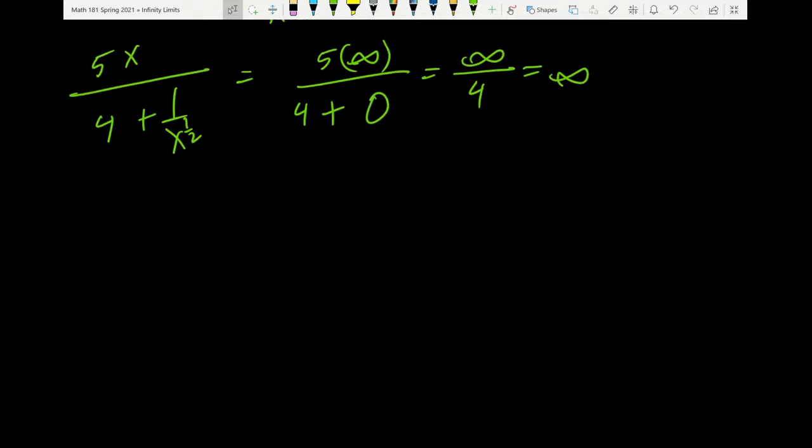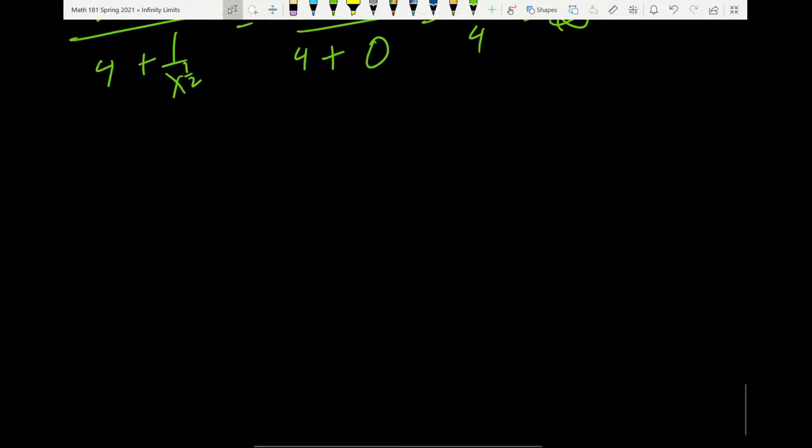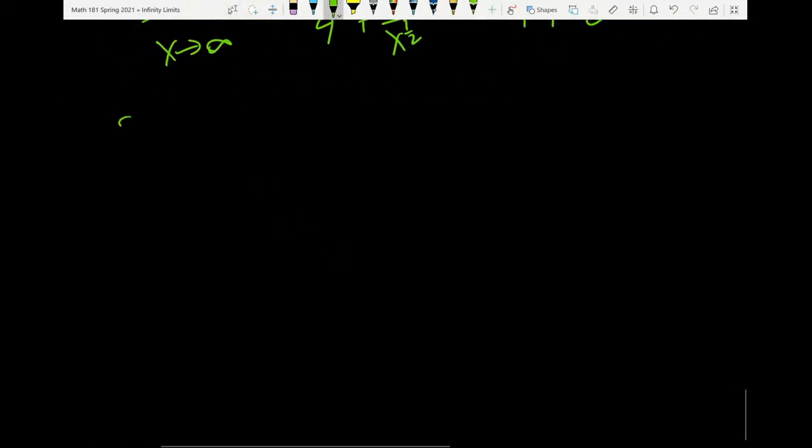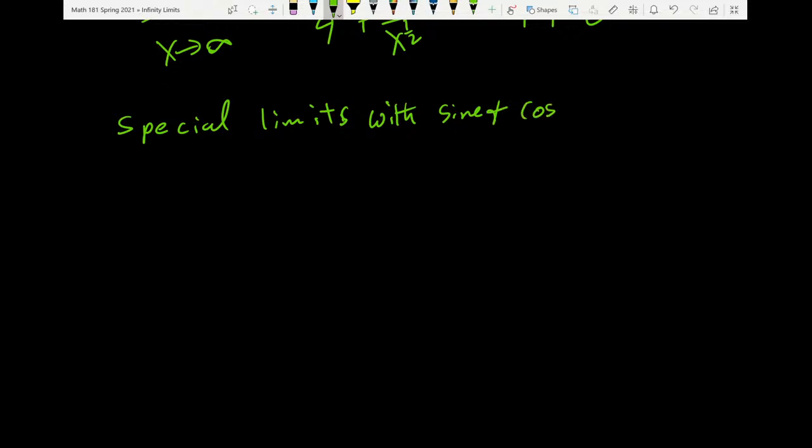Here are some special rules with sine and cosine. Limits with sine and cosine. The limit as x goes to infinity of sine of x does not exist.